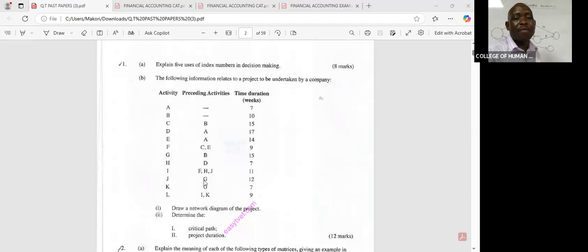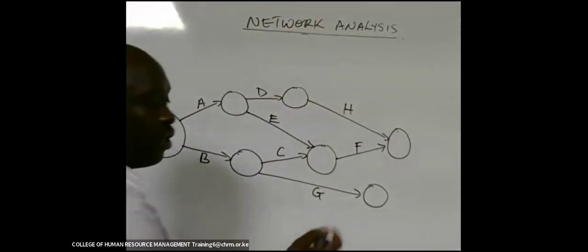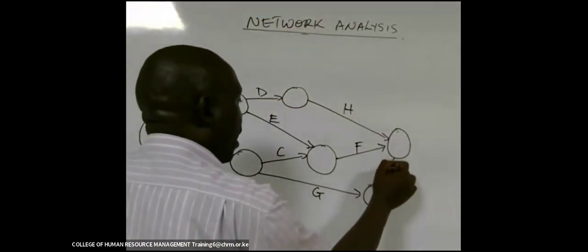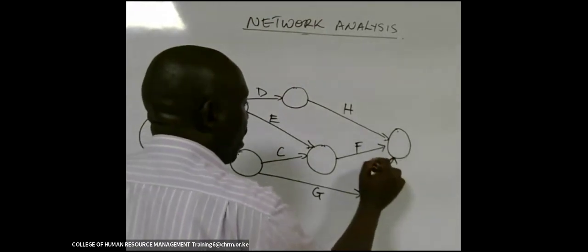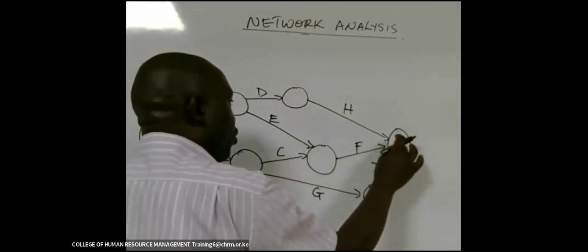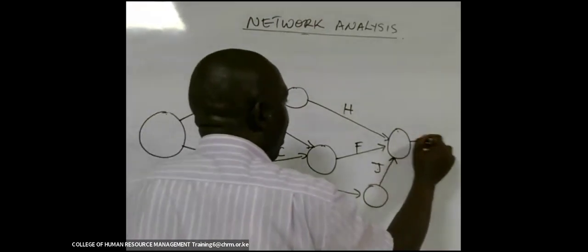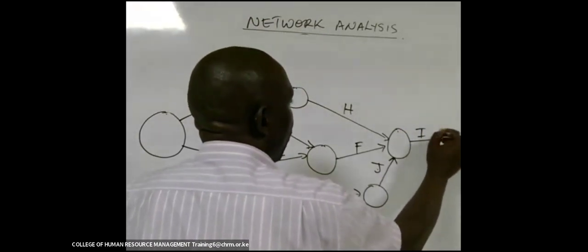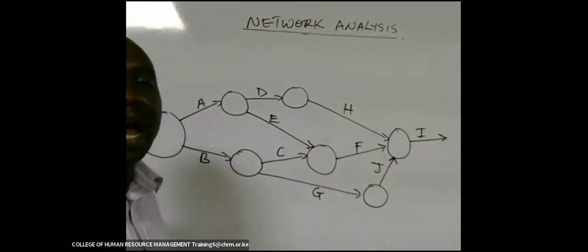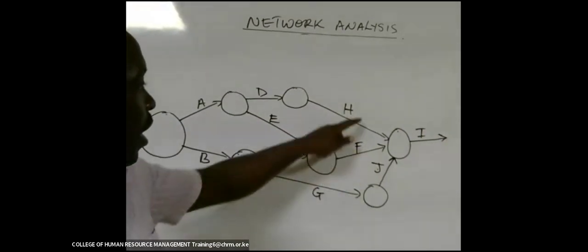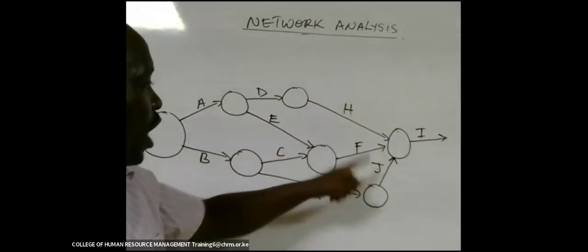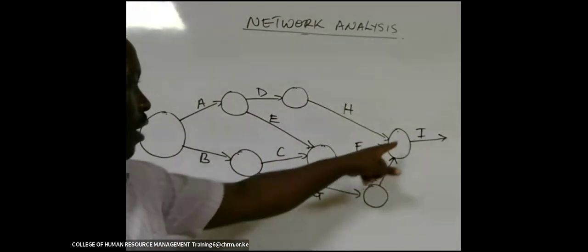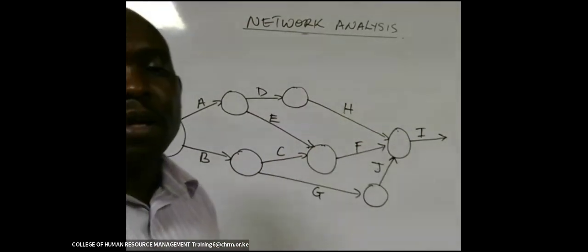And J is starting from G. So we shall go to where G is. G is coming to an end here, and draw activity J from there so that they can merge here. Once they have merged there, now they can produce the activity I, that is when activity I will be starting.